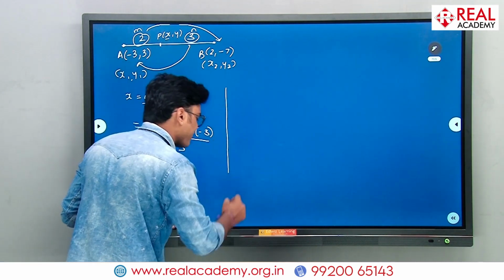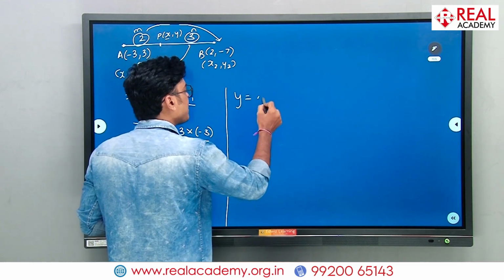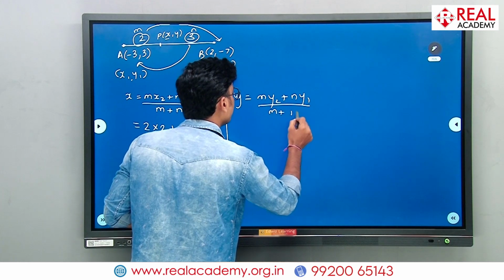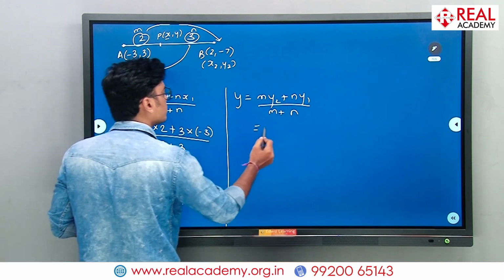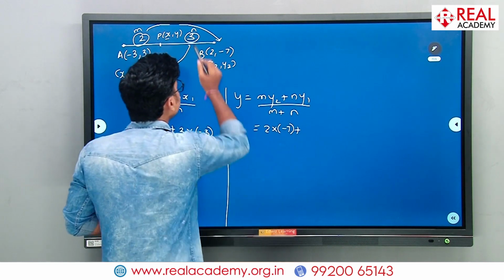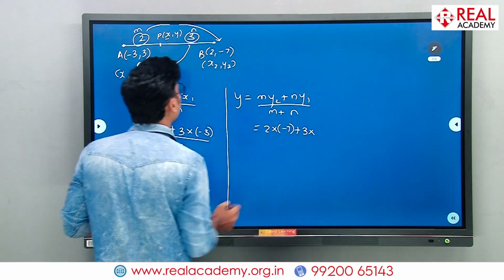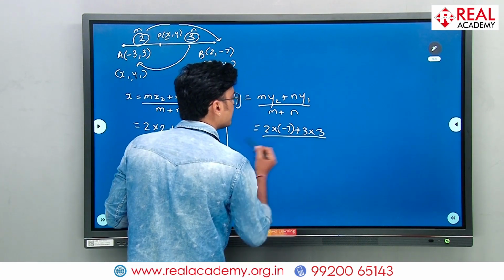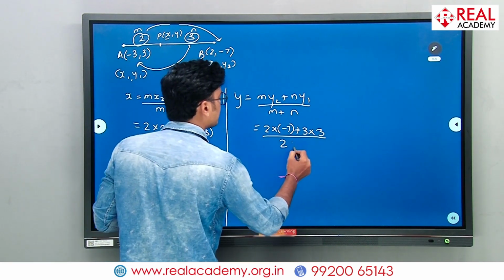Similarly, we will find the y coordinate. Use the same formula, (m y2 + n y1) upon (m + n). Here m is 2, multiplied by y2, which is minus 7, plus n is 3, multiplied by 3, the y coordinate of A, divided by 2 plus 3.